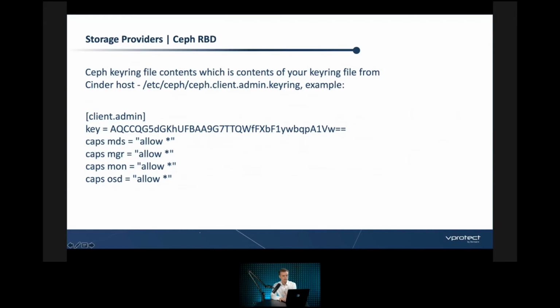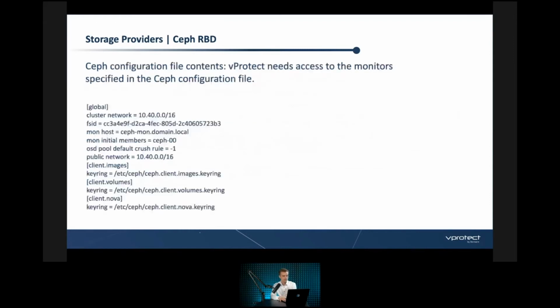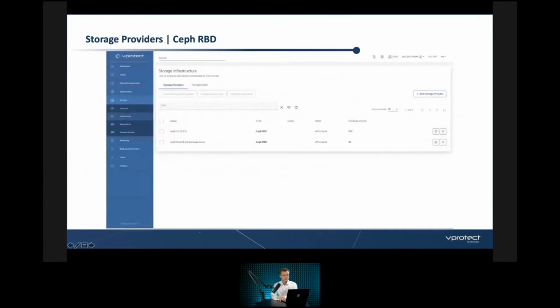Now, this is just the example of the admin keyring and the configuration context. So you just copy paste these two, and later notice that you have on the left the storage tab, which almost exactly reflects what we support for the virtual environment, especially including the infrastructure tab.